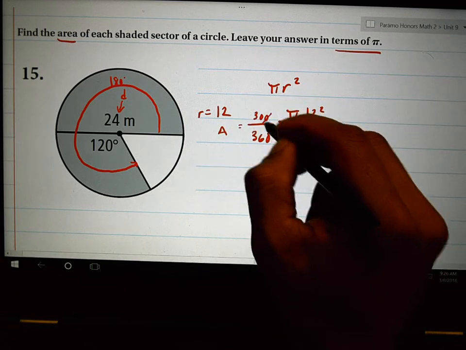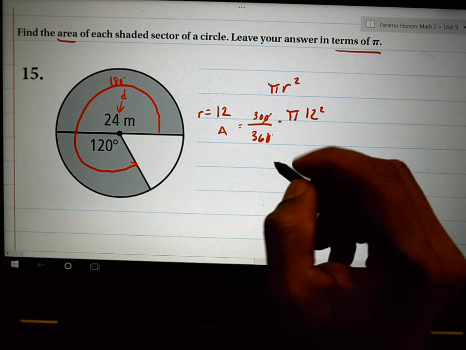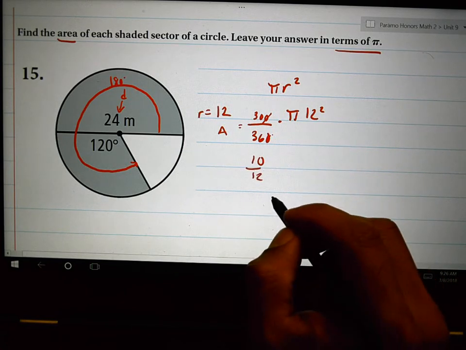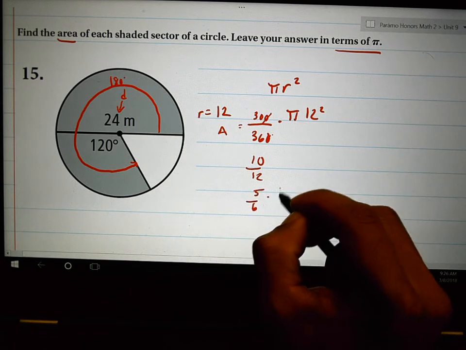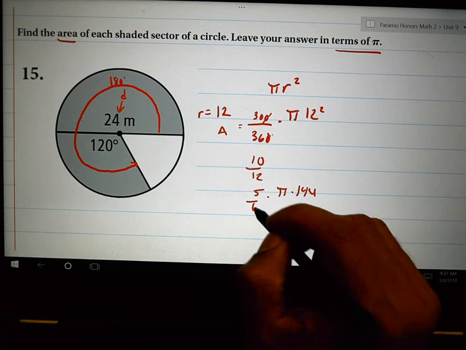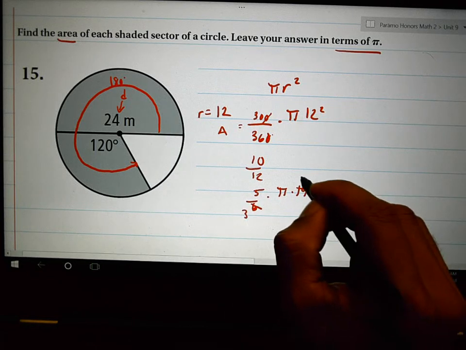That goes into there. Divide by 3. Divide by 2. Pi times 144. Divide by 2. Divide by 2.